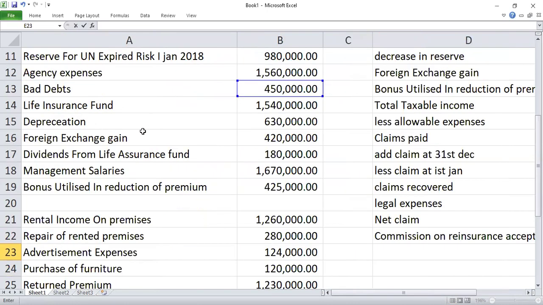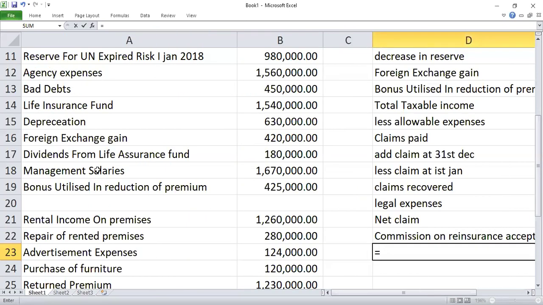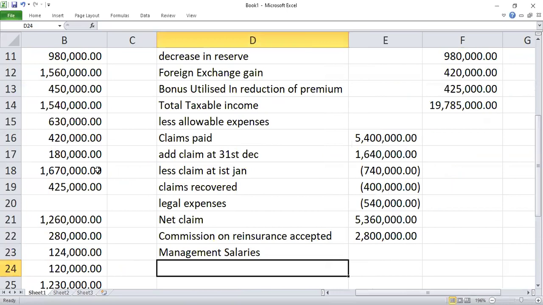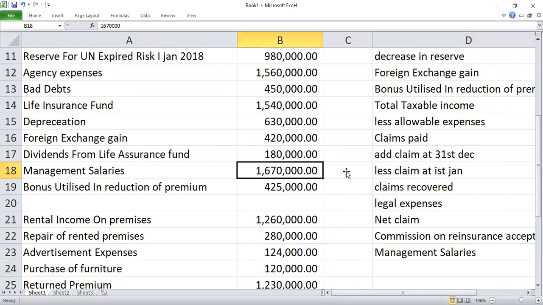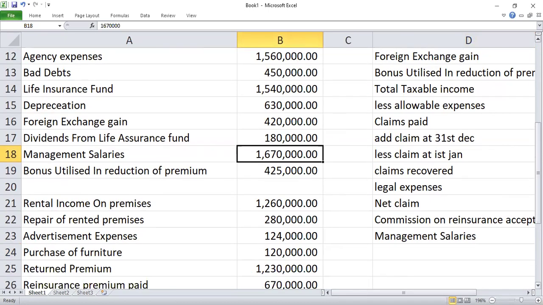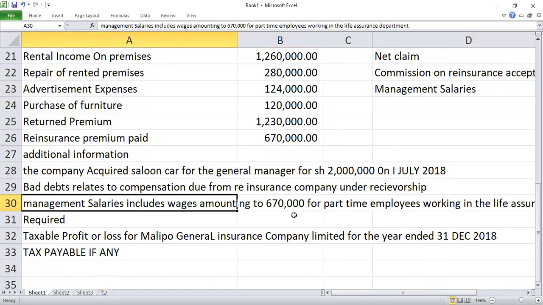Next, expenses that we have here: no depreciation, no foreign exchange gain, no dividend. We have management salaries. If you look at additional information number 3, the management salary here is 1.67 million. But we have been told the management salaries include wages amounting to 670,000 for part-time employees working in life assurance.